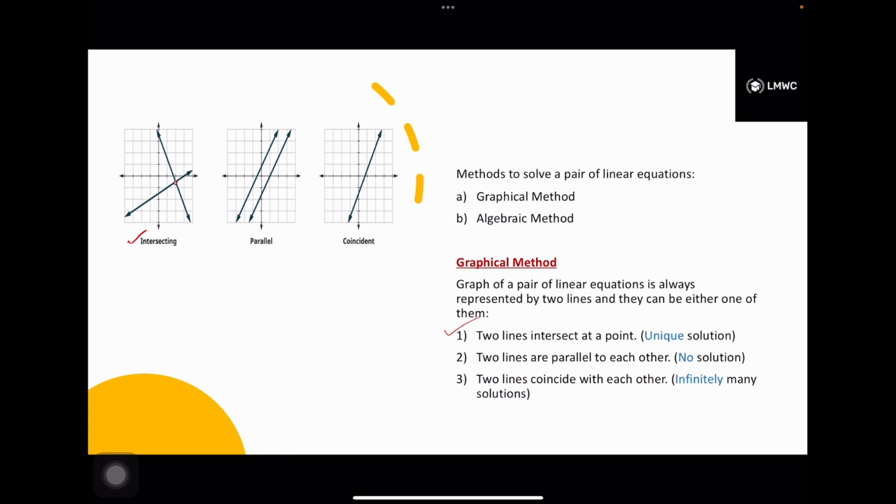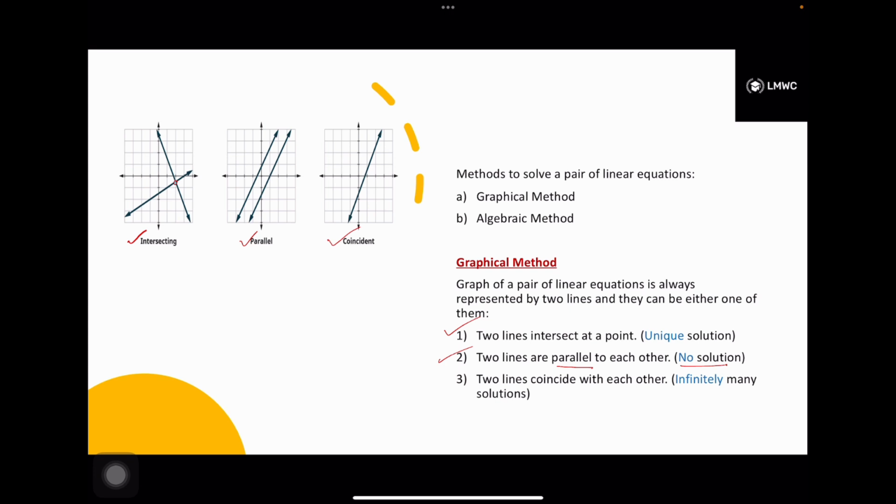Then the second one is, when you represent the pair of linear equations, you might get parallel lines. Since parallel lines never meet, we are not going to witness a solution over here, and therefore the second one is no solution, since they are parallel to each other. Now the third one is when the two lines are overlapping each other, then they are coincident.